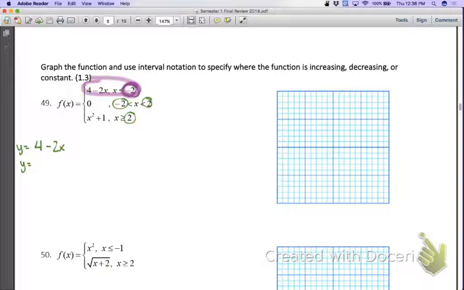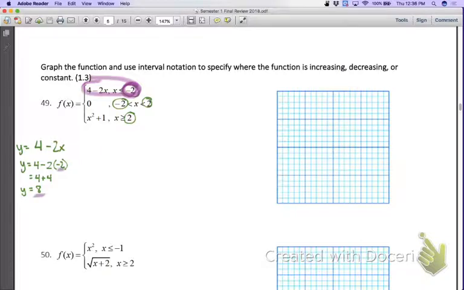Is it going to be an open or a closed circle? We'll get into that in a second. So from there, I'm going to have 4 minus 2 times negative 2. I've got to get my critical point, so I'm going to have 4 plus 4. So my first critical point is when x is negative 2, y is 8.